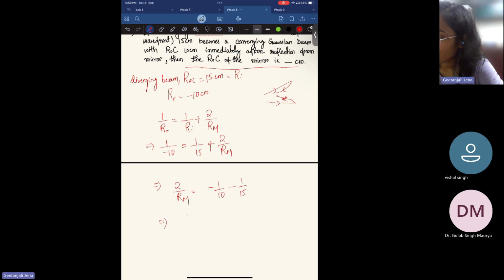If you calculate Rm using this formula, it will come around minus 12 centimeter. So minus means it's a concave mirror, and this is the radius of curvature of this concave mirror.